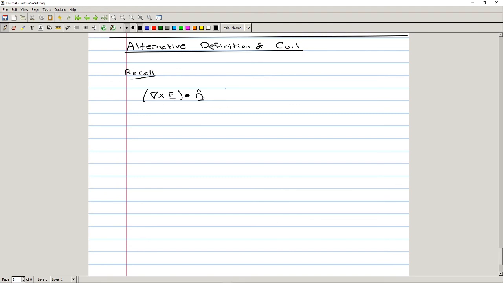Right? The way that we use this is we say that the curl of the vector field f in the direction of n is the amount that f is rotating around the axis n, and this is definitely going to be measured at the point r.